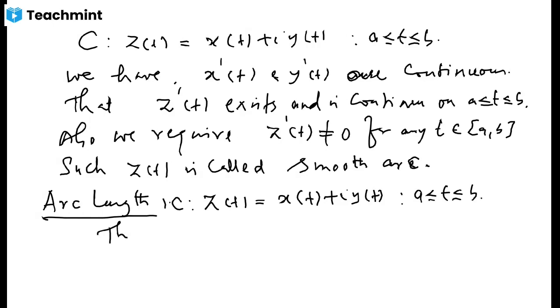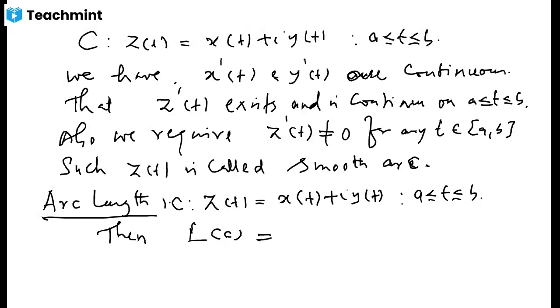Then its arc length, I denote it with the symbol L. And when we will be computing arc length of more than two curves, two arcs at a time, then it is better to use L(C), so that it tells you the arc length of which curve you are talking about. Otherwise, if you have a single curve, you just use the term L.